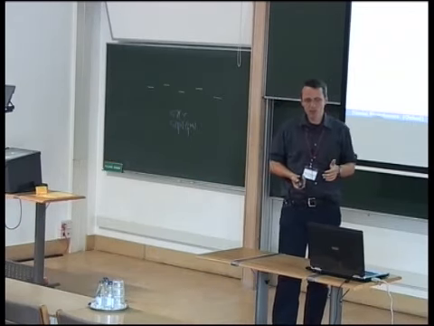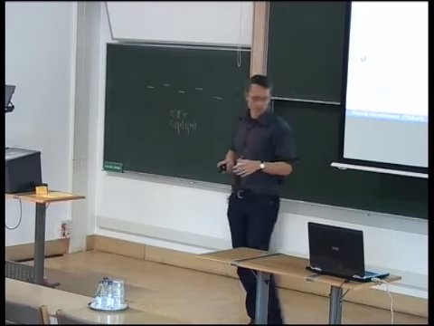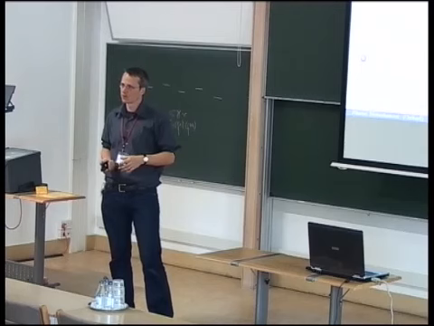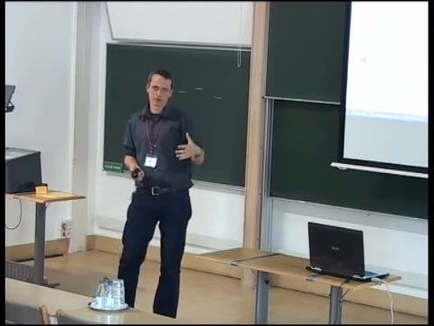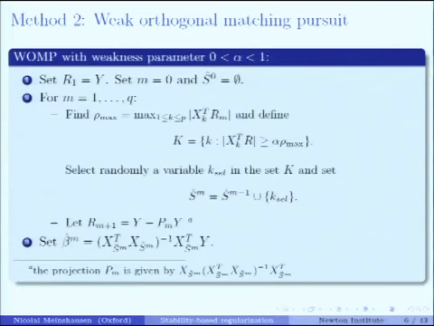The second method I want to talk about a bit more is weak orthogonal matching pursuit, which seems a bit more unsophisticated in a way. It's just an algorithmic approach, and the way I understand it, it works like this. It's really a lot simpler than it looks.